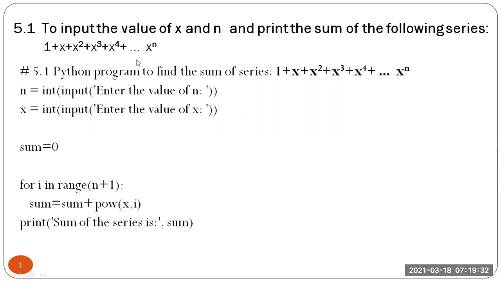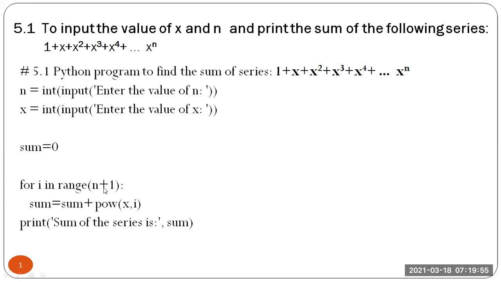We have to find the sum of this, so we have to take a variable sum. Sum is equal to 0 initially. Now we have to take a loop because we have to do it first for x raised to 0, x raised to 1, like that. So we'll take for i in range. If we do not specify the first parameter, it means it's going to start from 0.